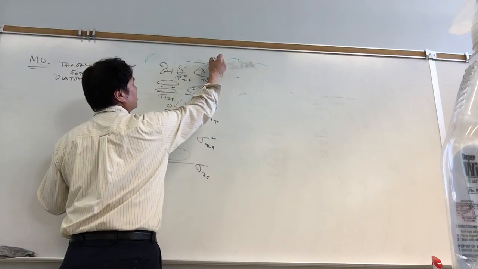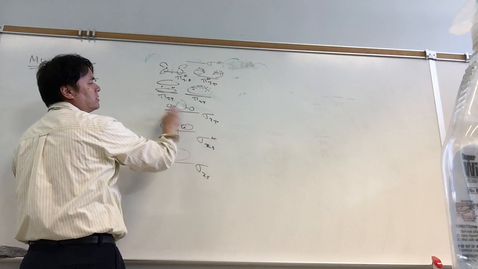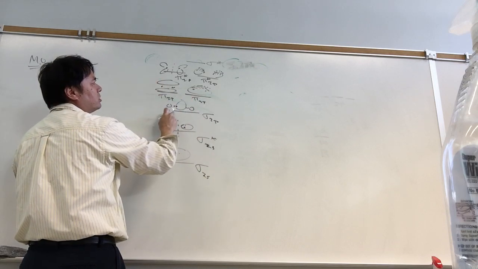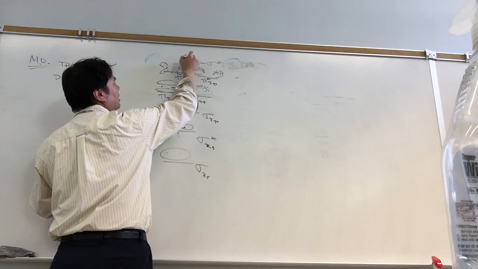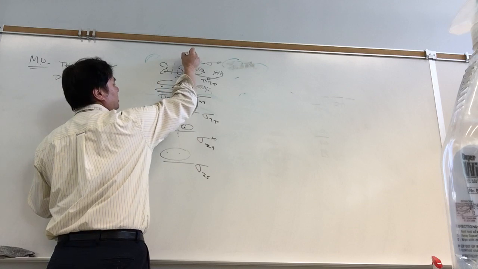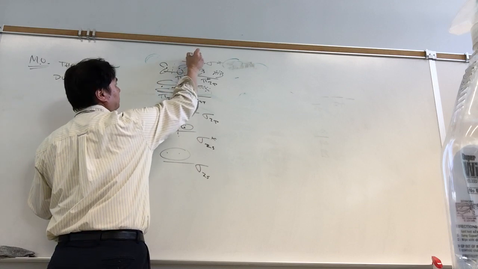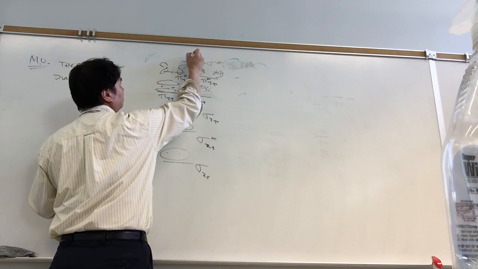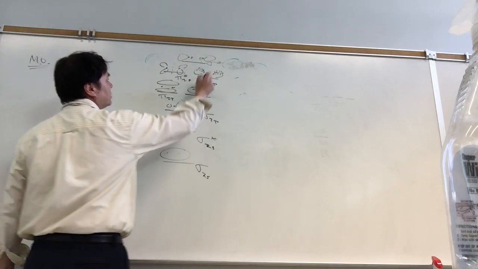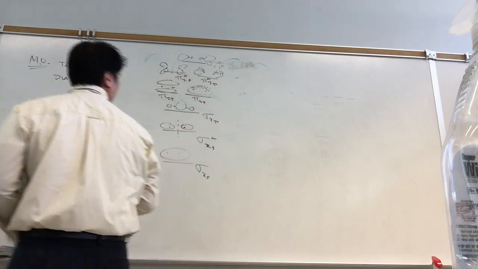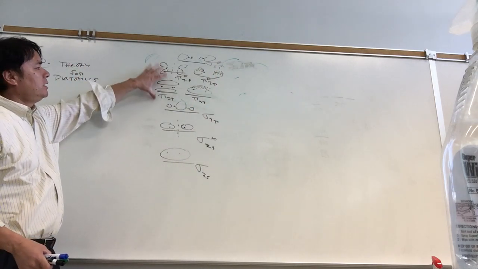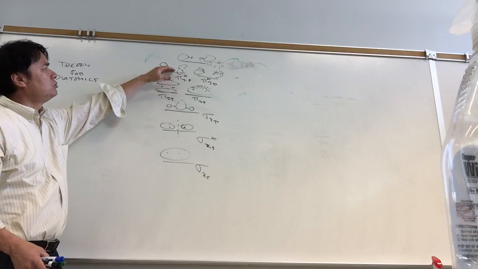And then we have the sigma star. The sigma 2p has the strongest bonding interaction, much stronger than the pi's, therefore it's lower in energy, therefore the sigma star is going to be raised in energy, equal and opposite, because it's a conservation of energy issue. So it's sigma star 2p. Do you see the symmetry here with the 2p's? It goes 1, 2, 2, 1.